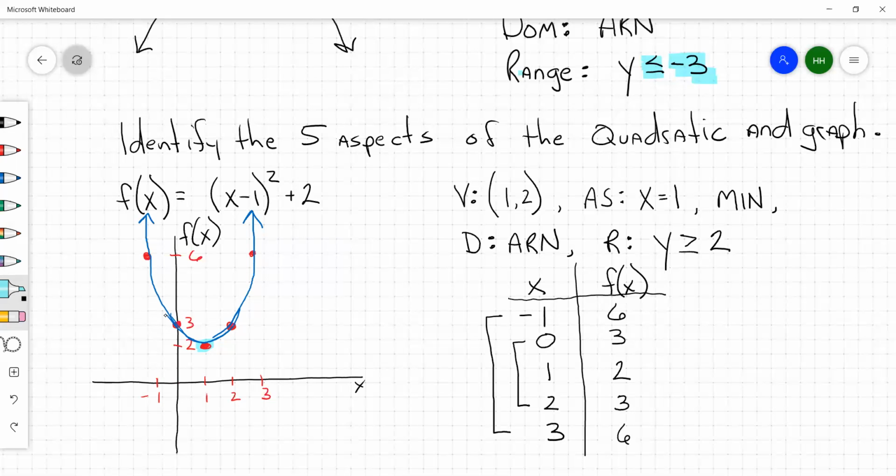Our table of values shows us where to put the points on the right side of the vertex. And as long as we go the same distance away on the left side of the vertex, everything will be a reflection. Everything is a reflection of this axis of symmetry right here. Here's your axis of symmetry. That's your x equals 1.